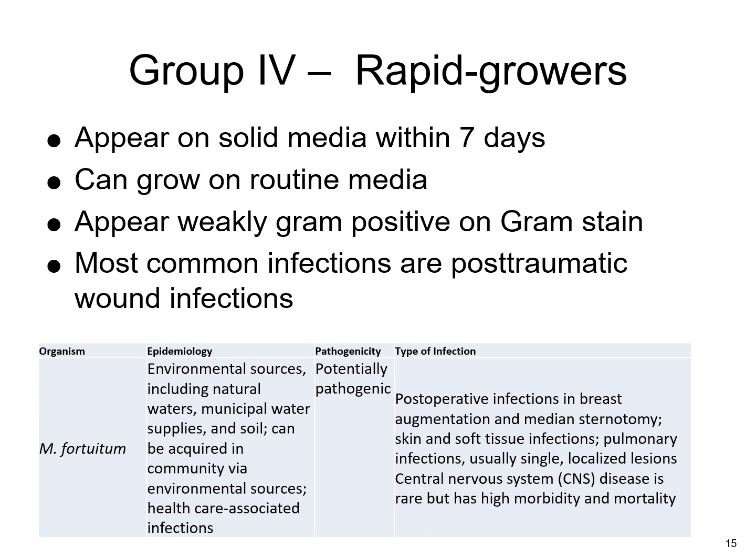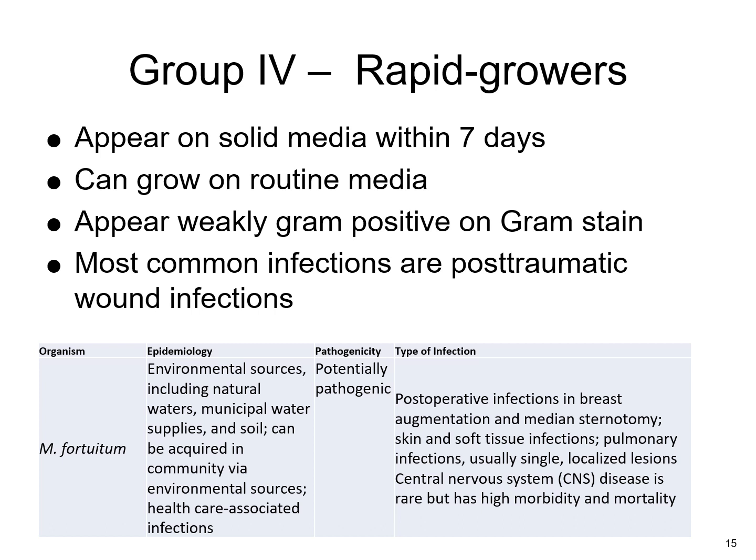But most commonly these infections are due to some sort of post-traumatic wound infection. Mycobacterium fortuitum is found in different environmental sources, including natural or municipal water supplies and soil, and you can get these as healthcare-associated infections as well.